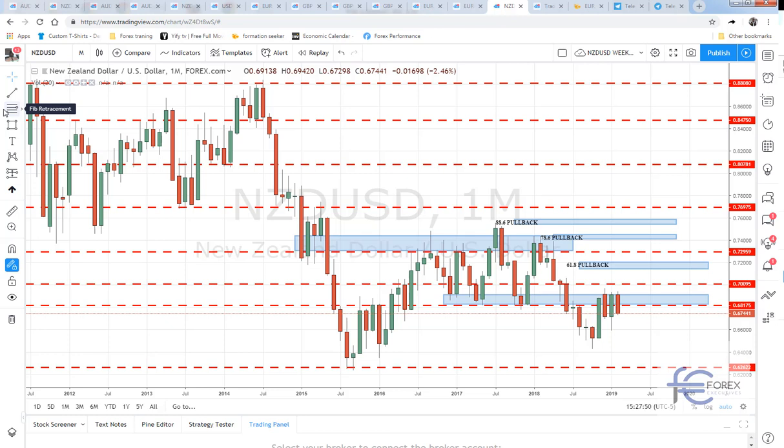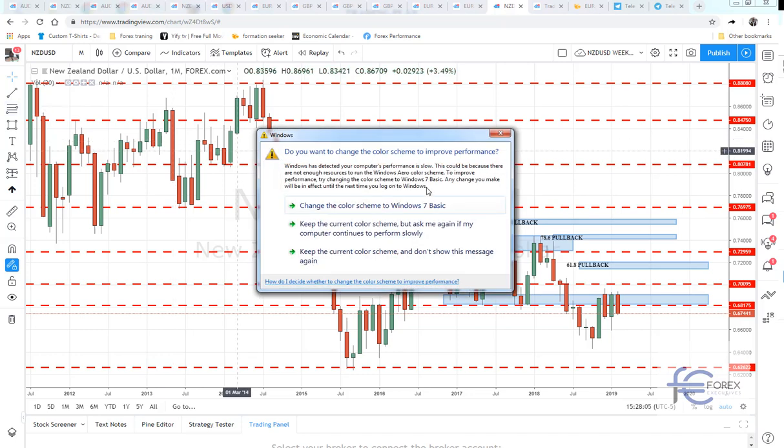So if the overall trend is down on a weekly and monthly and you see a strong push up on a daily, don't be alarmed. Understand that you have to mark out your structural areas, and as long as those structural areas are not breached, the trend is still valid.